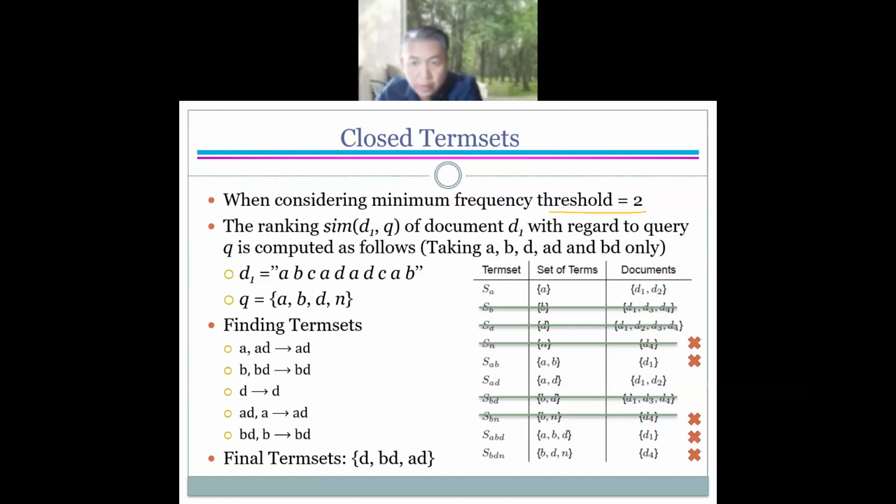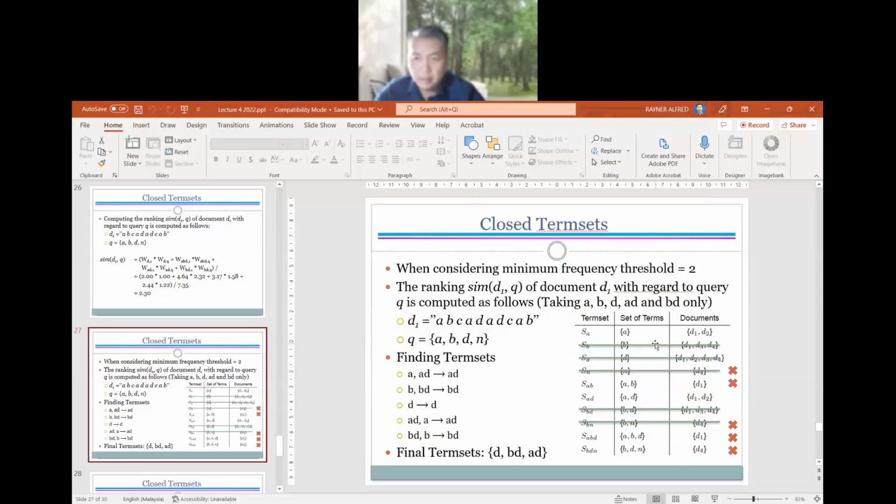So the threshold is 2 here, meaning that we will not include all the x here because they only exist in one document.